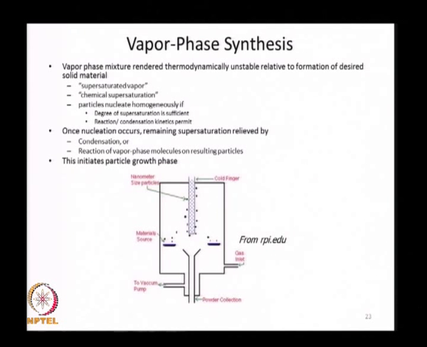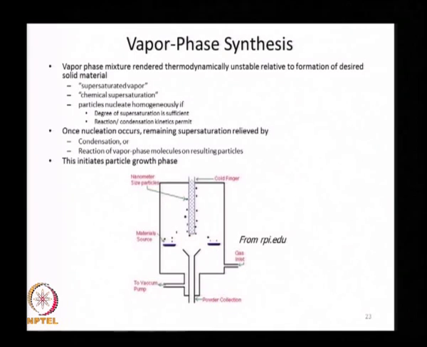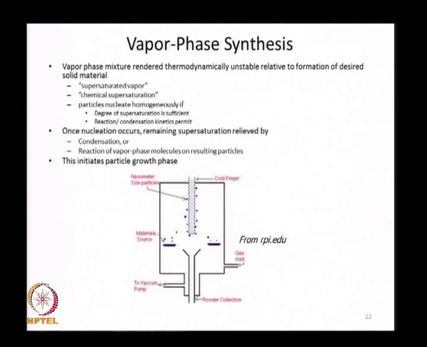So, the way that you make a saturated vapor phase unstable is essentially by providing sudden cooling. In the example that is shown here, this is done by essentially inserting something called a cold finger into this mixture, which immediately results in the formation of these nano sized particles from the vapor that is present.